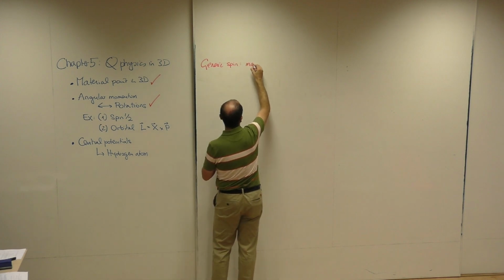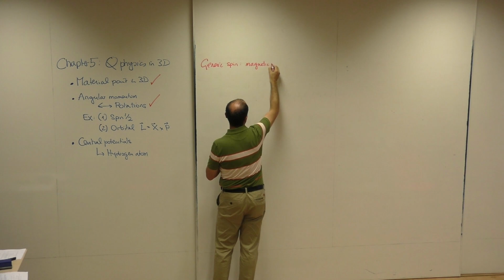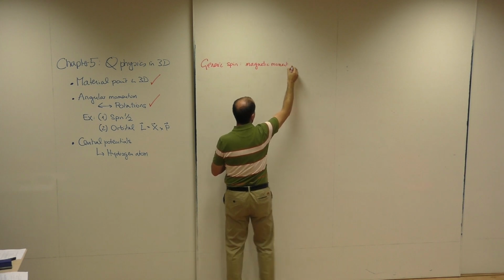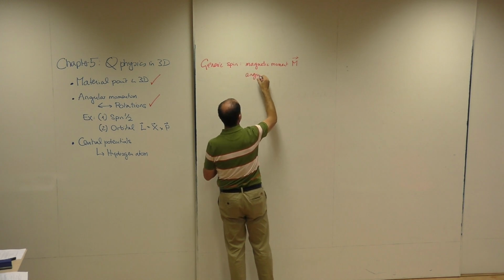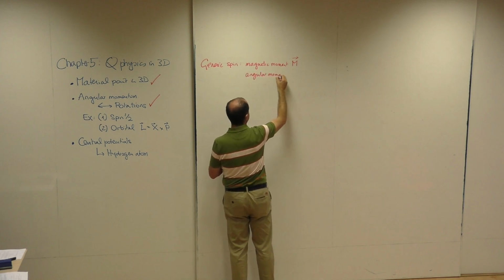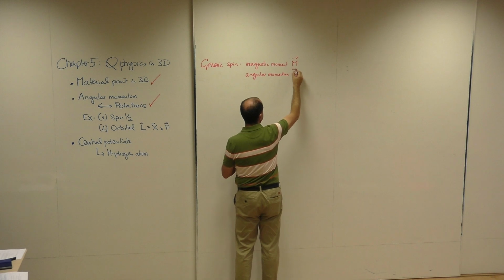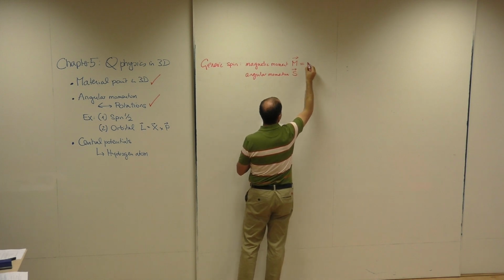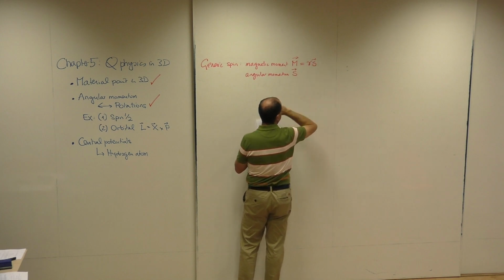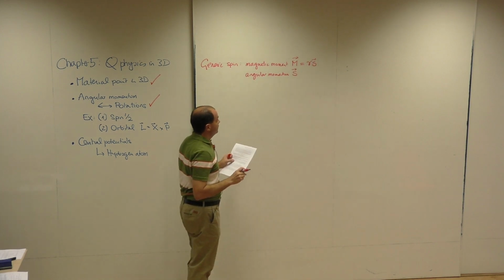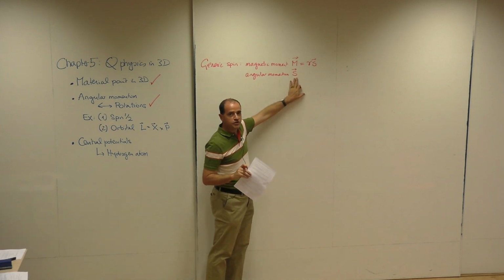It's a magnetic moment, M, but associated to it there is an angular momentum, S, such that the relation is M is equal to gamma times S. This gamma is called the gyromagnetic factor. So this S is what I called J before.